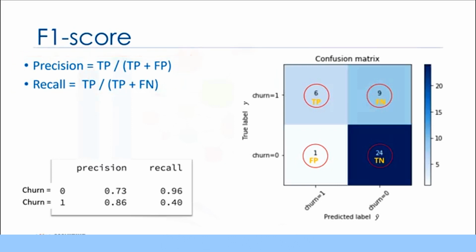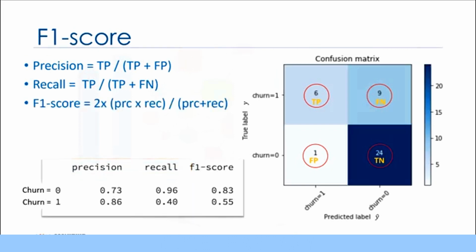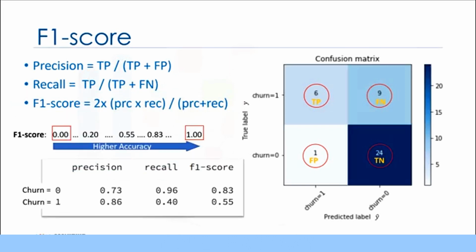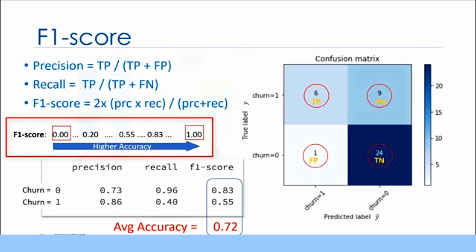Now we're in the position to calculate the F1 scores for each label, based on the precision and recall of that label. The F1 score is the harmonic average of the precision and recall, where an F1 score reaches its best value at 1, which represents perfect precision and recall, and its worst at 0. It is a good way to show that a classifier has a good value for both recall and precision.